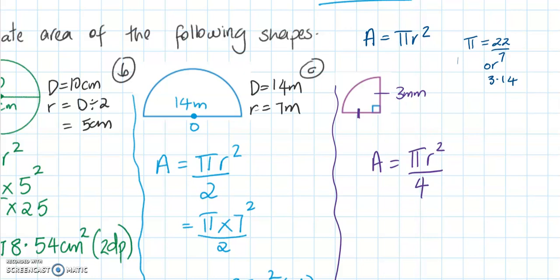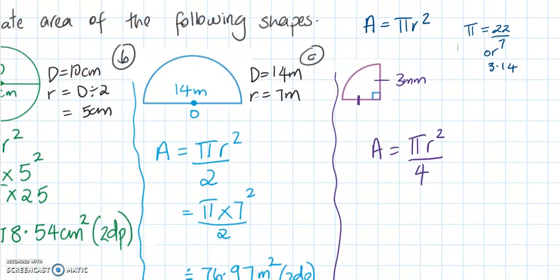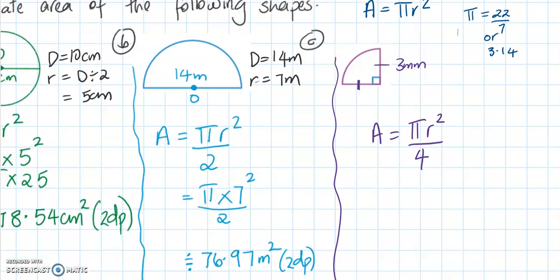So all we do is take our area formula, which is pi r squared, and because it's a quarter of a circle, we divide it by 4. Now, if you notice, in this diagram you are given the radius. So because the radius is given, you don't have to work out what the radius is. Therefore, all you do is substitute that into your formula.